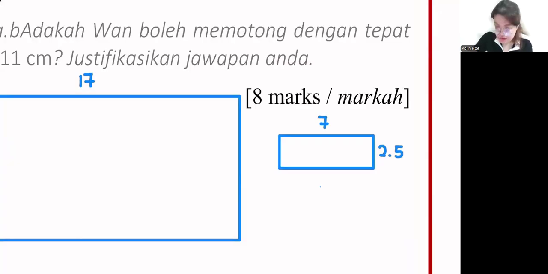This is 2.5, and the big one is 11. When you take 11 cm divided by 2.5, what do you get?